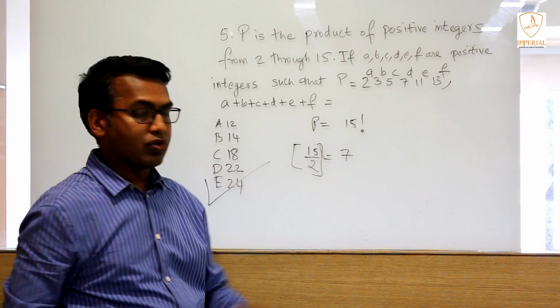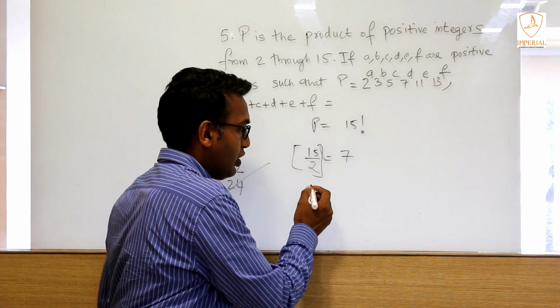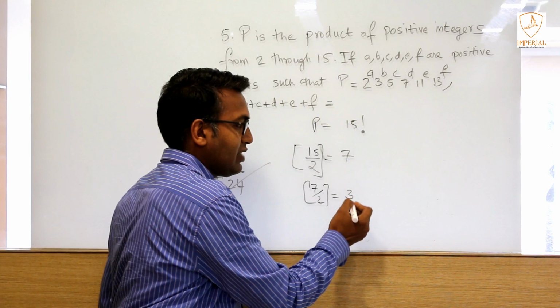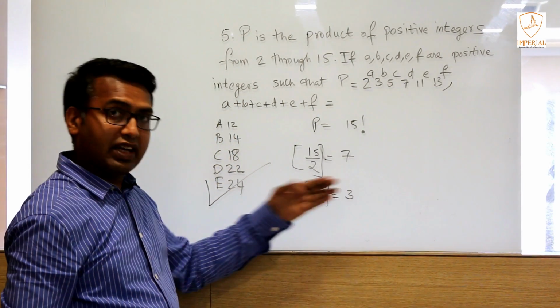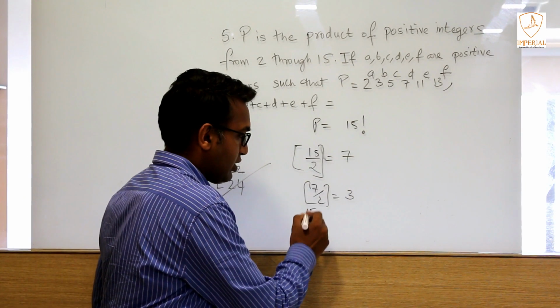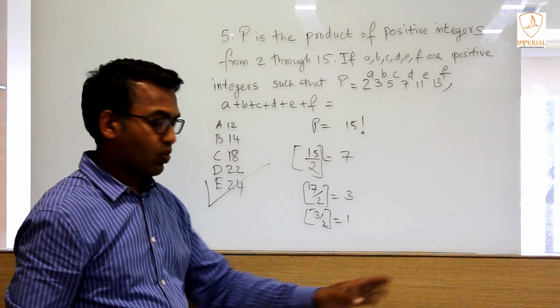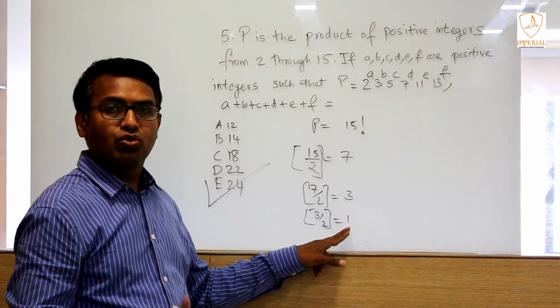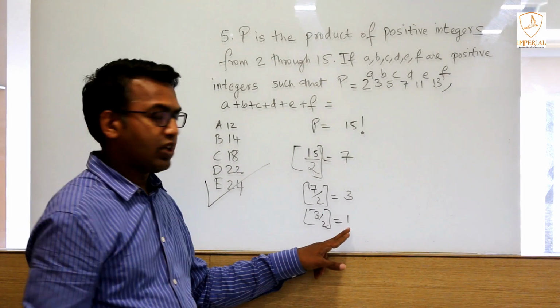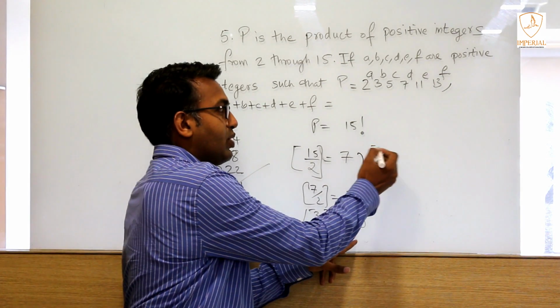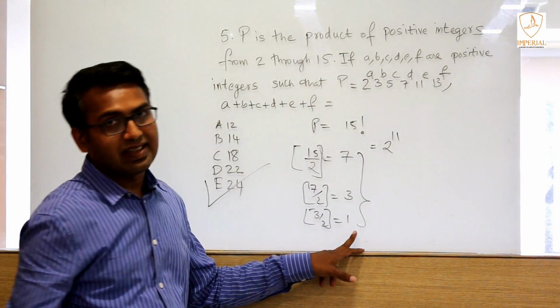So if I divide 7 by 2, I'll get 3.5, so just take 3. Next again divide by 2, so you'll get 3 upon 2 which is 1 point something, just take 1. And 1 divided by 2 will be 0 point something, so you don't need to count that. Just add these and you get the power of 2 as 11.